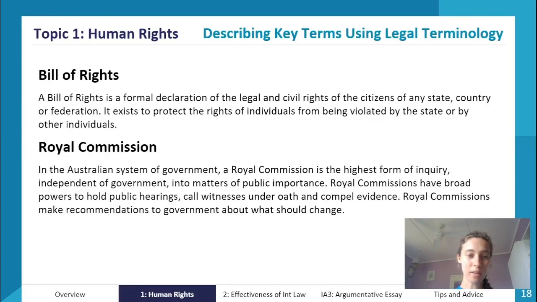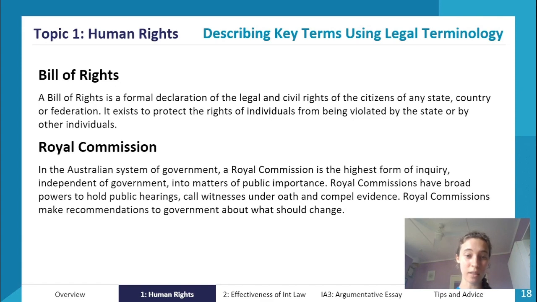Okay, Bill of Rights and Royal Commission. Hopefully these terms are maybe slightly familiar to you after the time that you've had in legal studies so far. So, a Bill of Rights is a formal declaration of the legal and civil rights of the citizens of any state, country, or federation.